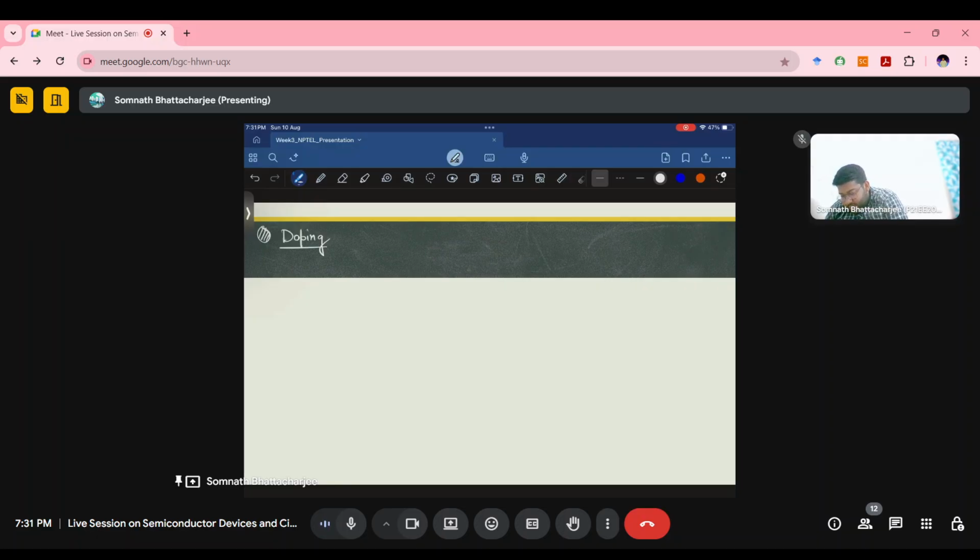Doping is when we add, let's say in the case of silicon, a molecule with 3 valence band electrons or 5 valence band electrons, that is trivalent molecules or pentavalent molecules.